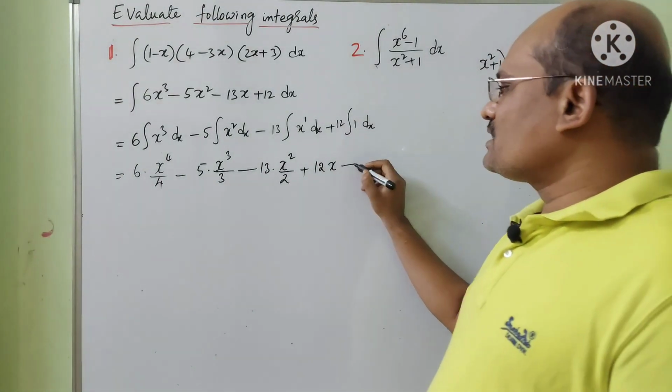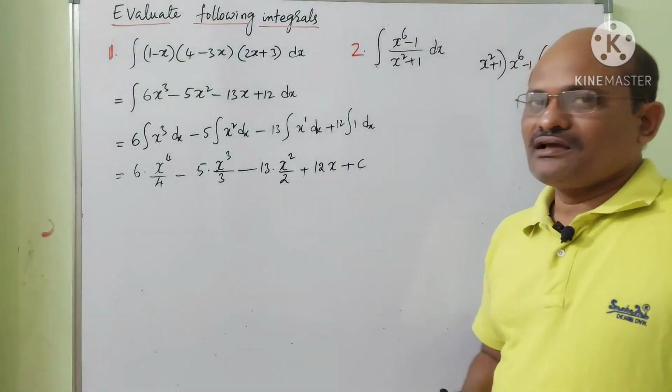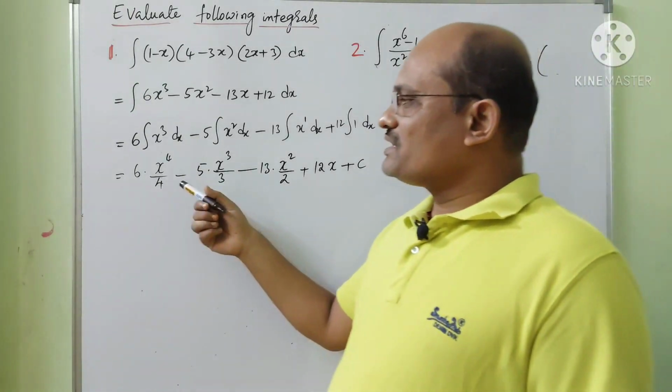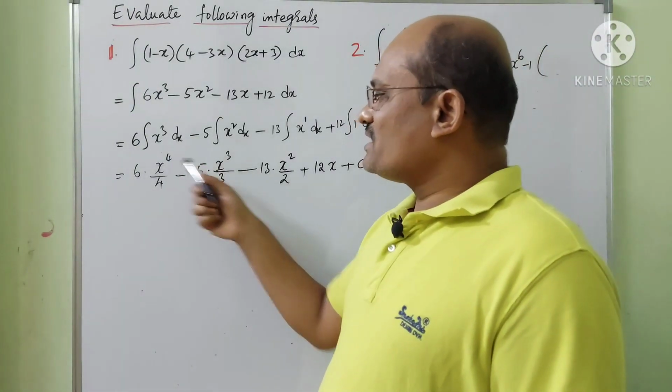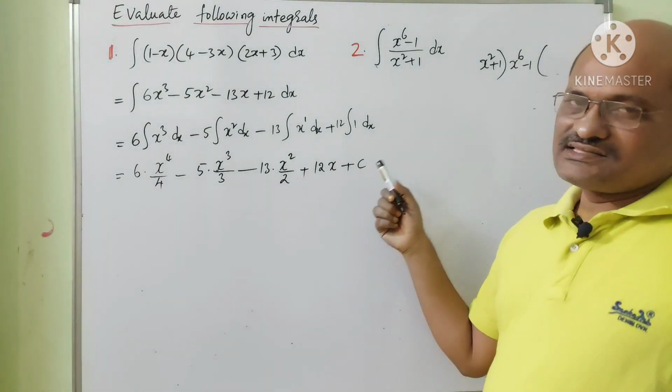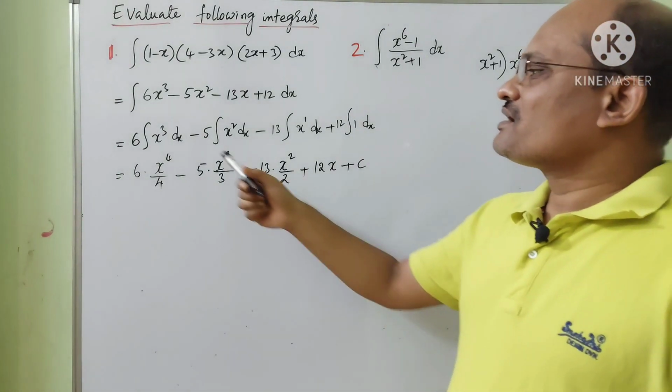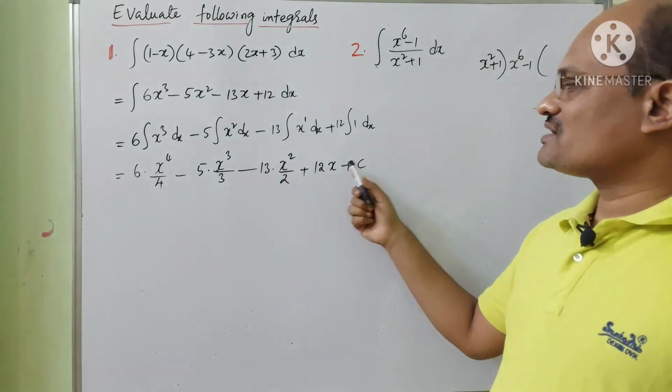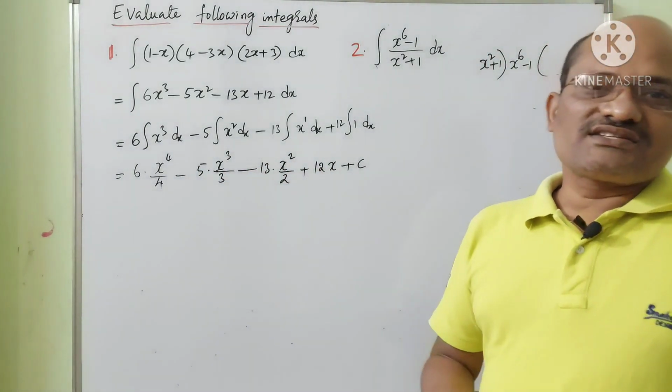Now write the constant of integration c. There is no need to write the constant of integration c for each and every integral. Writing c at the end is enough. Why? Because constant plus constant plus constant plus constant becomes a constant only.